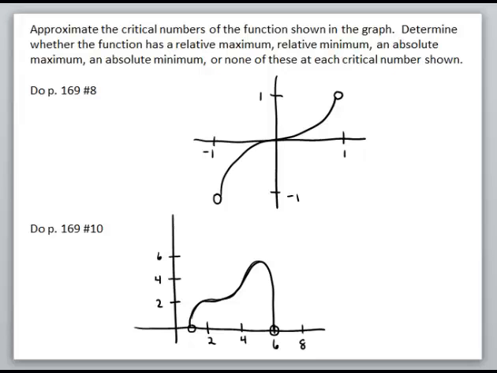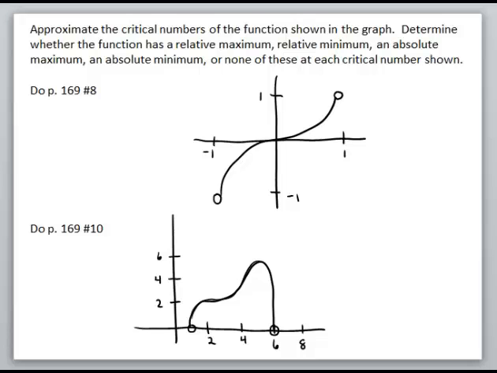On this problem, we are asked to approximate the critical numbers of the function shown in the graph. We're going to determine whether the function has a relative max, a relative min, an absolute max, an absolute min, or none of these. So number 8 is kind of a strange example. It is actually talking about an open interval, so we are not going to be checking the endpoints.